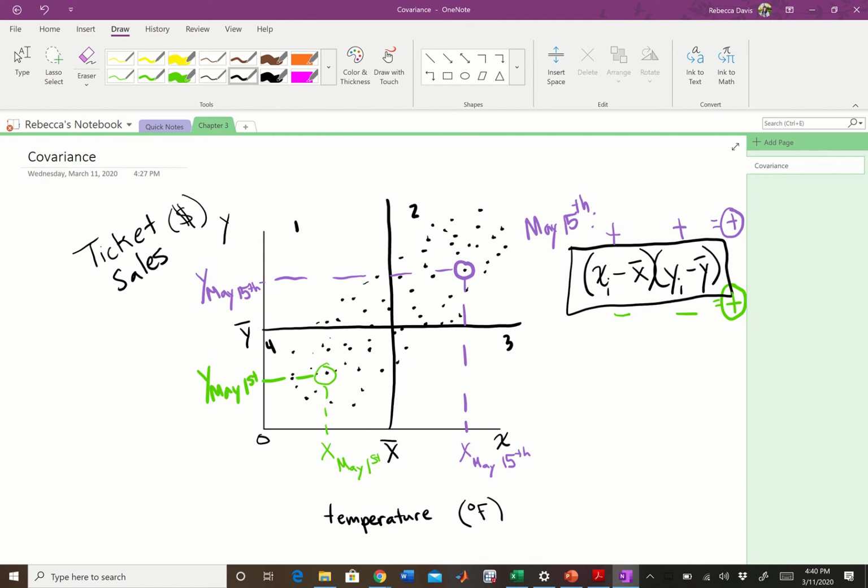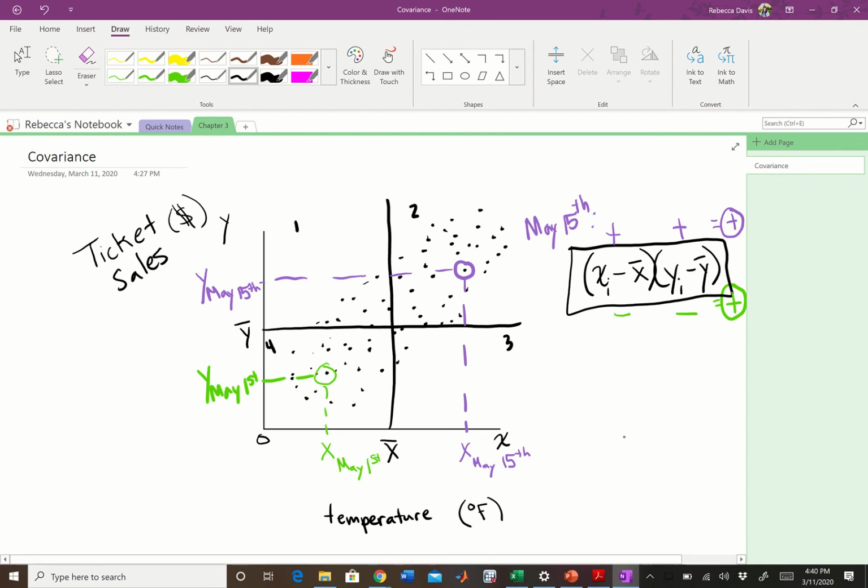Okay? So you can go through this same scenario if you want to prove it to yourself, assuming a negative relationship between two variables. Now you would need to switch temperature and ticket sales to something else, like rain, the amount of precipitation. So the more rain there is, the fewer ticket sales there should be.